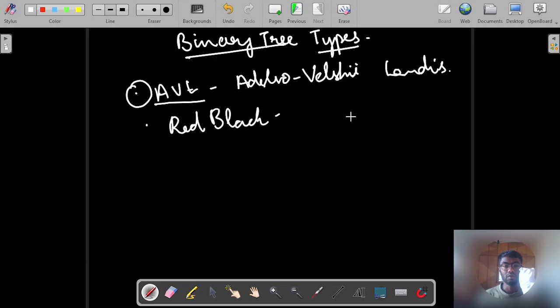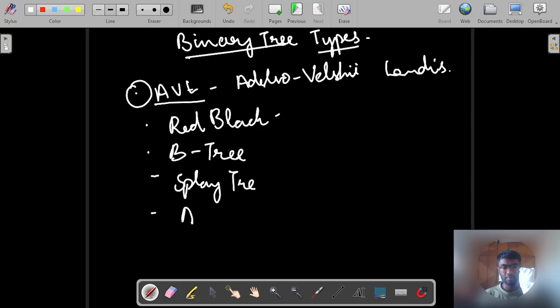Once we understand this one, we have the red black tree type, and we have B tree and splay tree, and we have augmented trees.